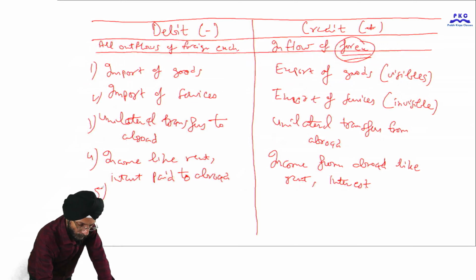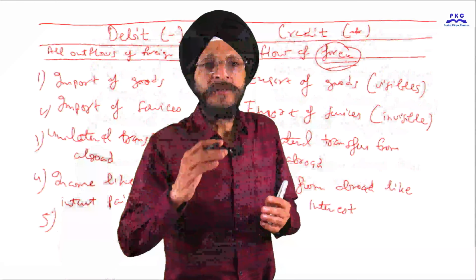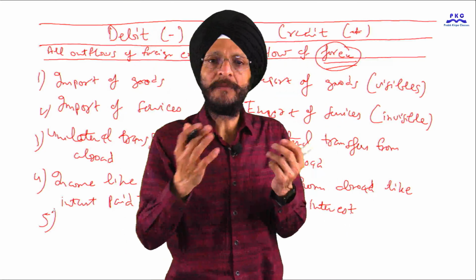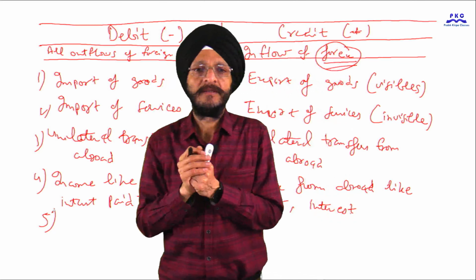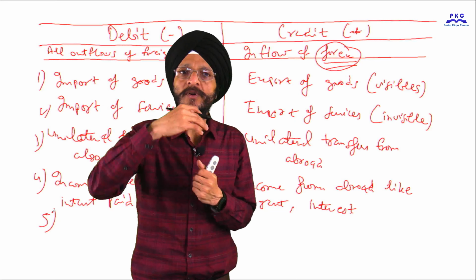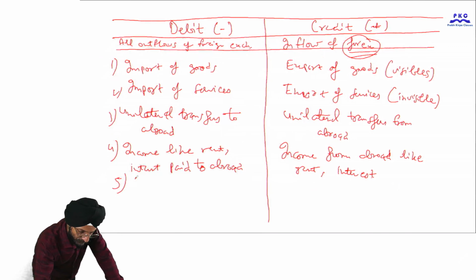Then it is also possible that we may lend to foreign countries. We are having money and we are lending money. So when we lend money, what does it mean? Foreign exchange goes out. Lending to abroad.